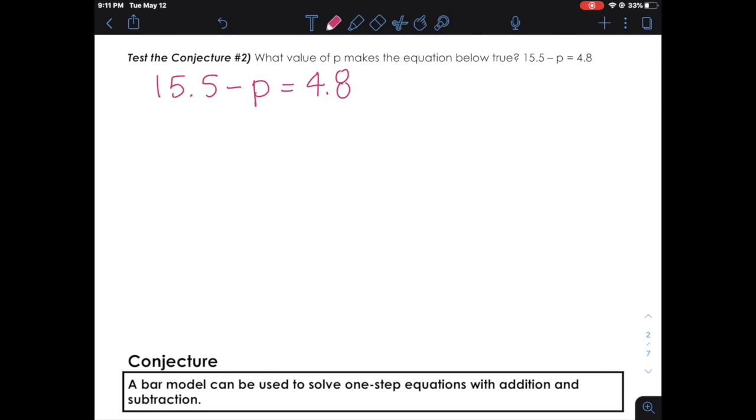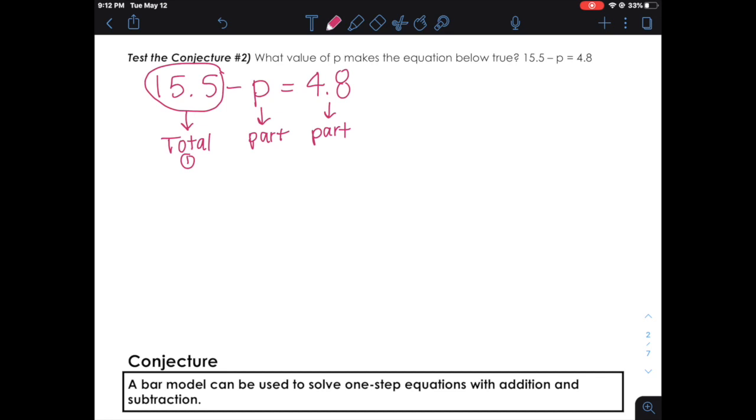So again, when we have a subtraction problem, what we're starting with is our total. So the 15.5 is going to be our total. P is one part, and 4.8 is another part.